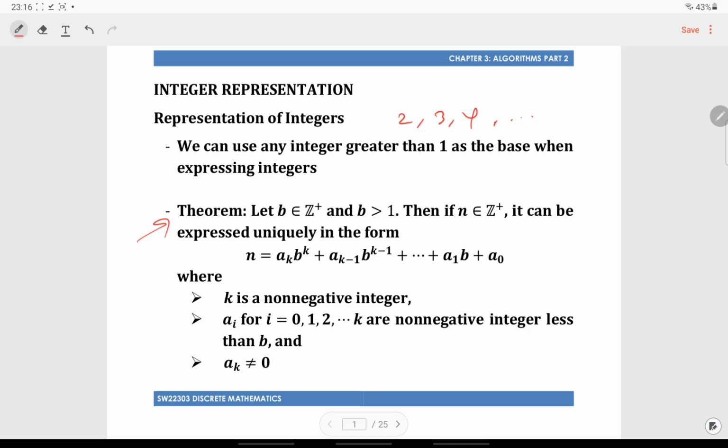Let's say we have a positive integer b, and b is greater than 1.